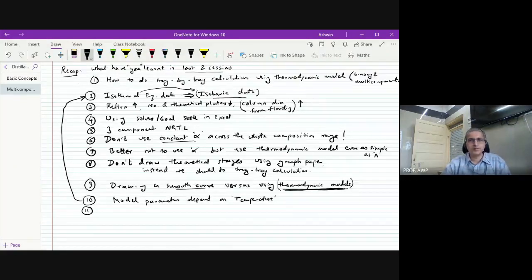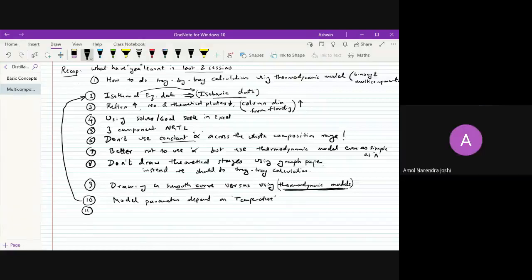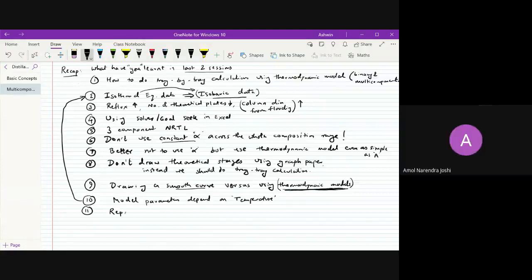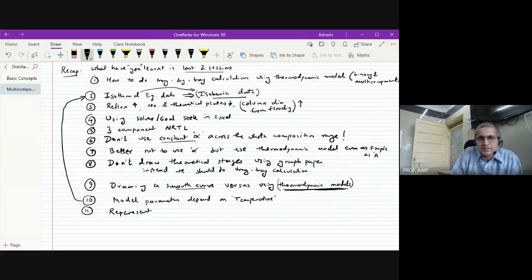Anything else did we learn? Representing ternary data on a right angled triangle rather than an equilateral one. Representing not just any data, ternary data, on a triangular diagram.